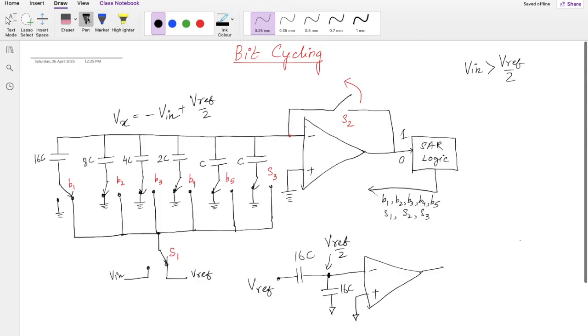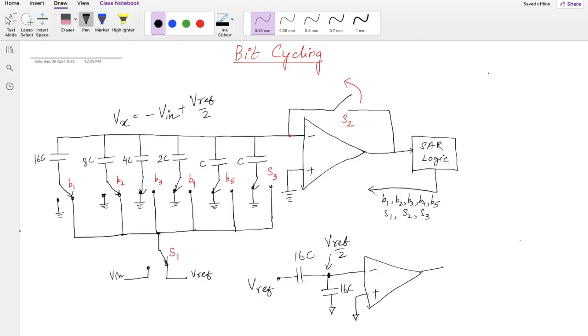Suppose we assume that Vin is greater than Vref by 2, and we have got 1, and we just maintain it. The next thing we are going to do is change this one to B2. Again we'll check whether this is 1 or 0.